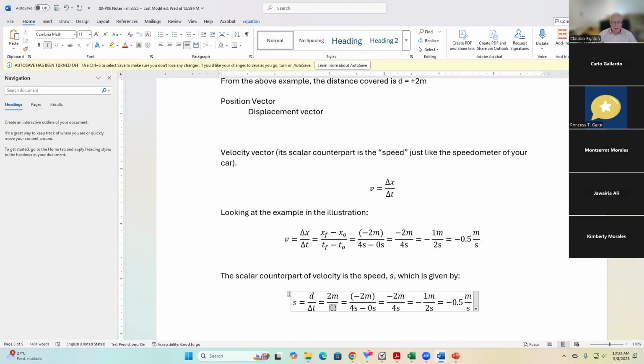Remember, distance is a scalar, which is a positive number. And then we end up with the same numeric result, but a different sign. Half meter per second.